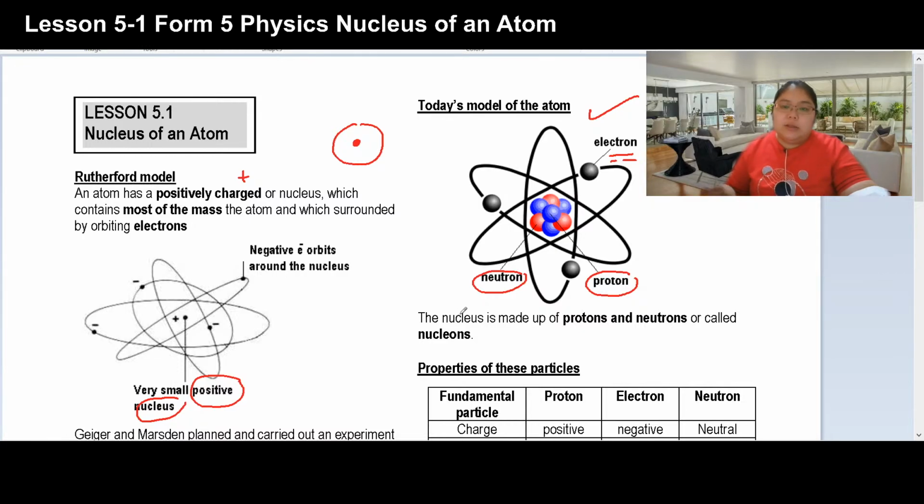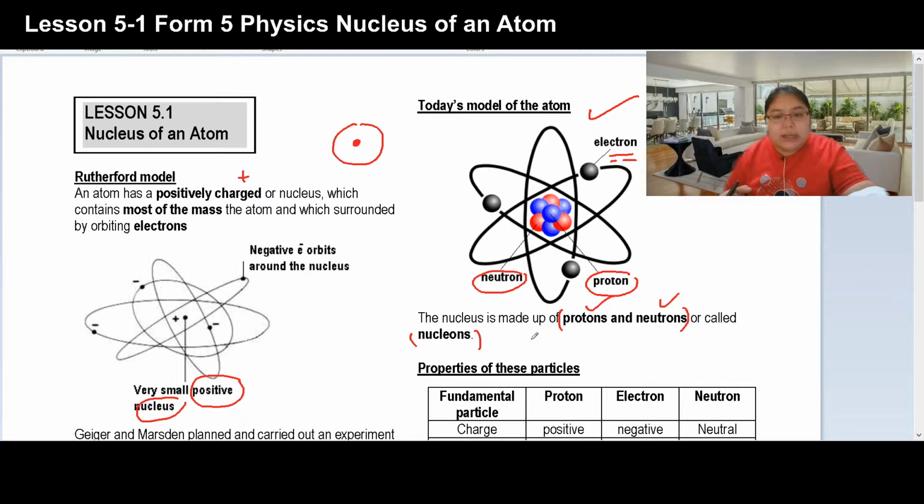So we need to find proton, neutron, and electron. When proton and neutron mix together inside the nucleus, we call them nucleons.